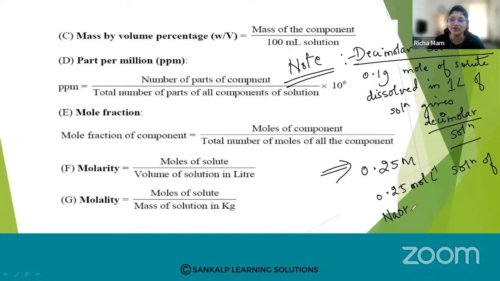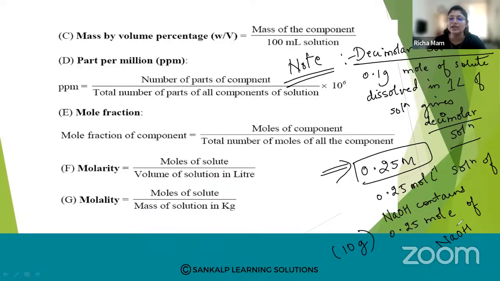So this solution contains 0.25 mole of NaOH. Now 0.25 mole means approx 10 grams of NaOH in 1 liter of solution. So whenever you dissolve 10 grams of NaOH in 1 liter of solution, it will give you 0.25 molar. So just have an idea.